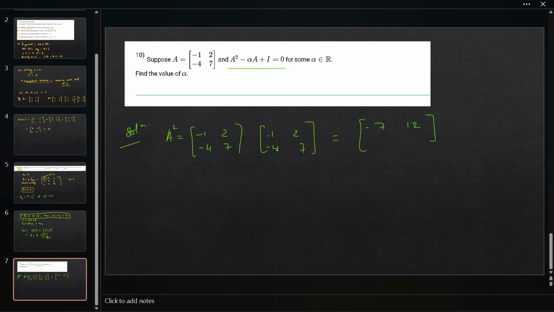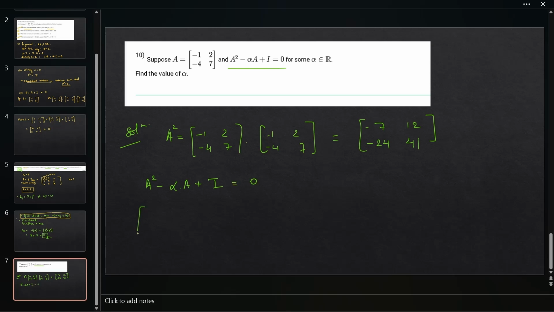4 minus 28 is going to be minus 24, and minus 8 plus 49 is going to be 41. So now again, putting the values into the expression A square minus alpha times A plus I is equal to 0.